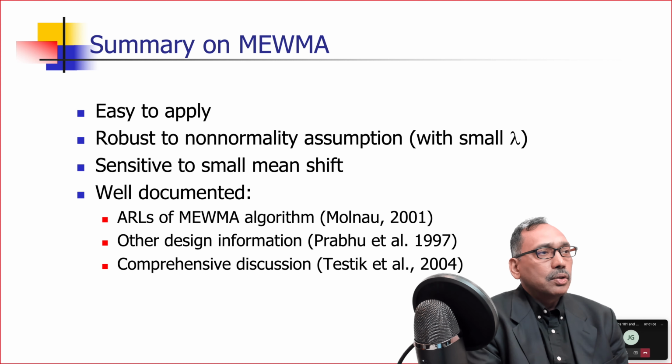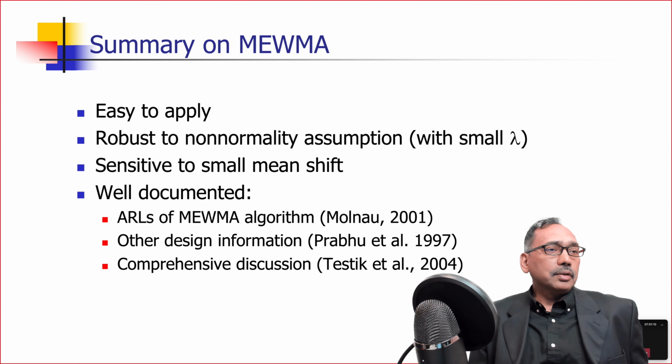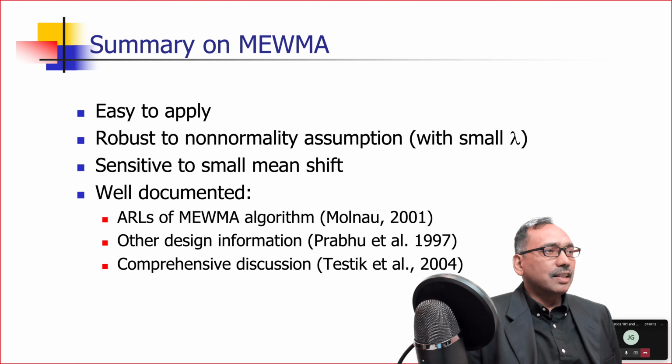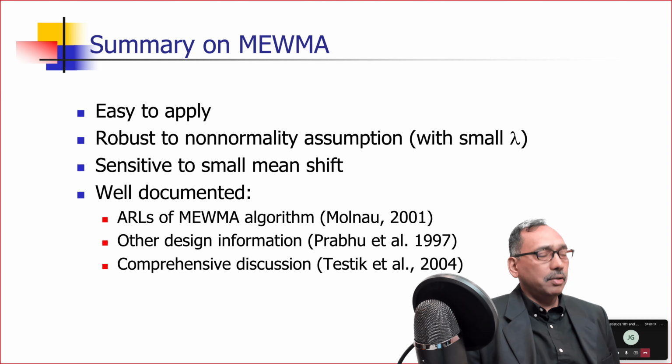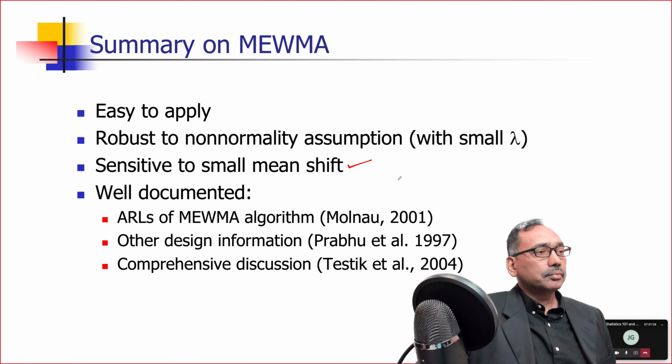So even a slight deviation, slight skew in the variables can be handled without much problem. It is sensitive to small mean shifts, and also it is well documented. So there has been a lot of research related to this.